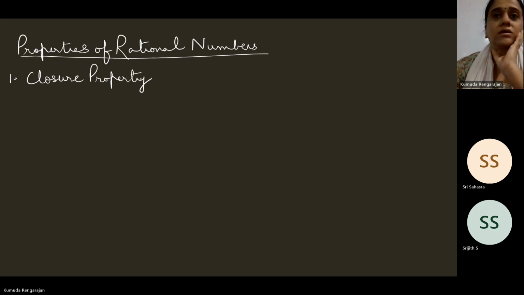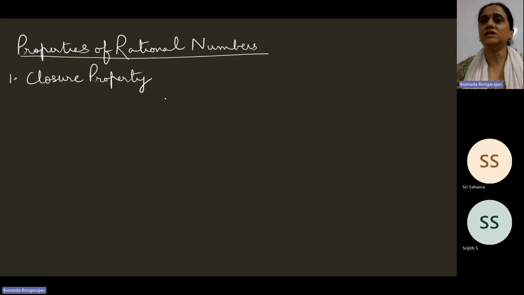Okay. So first we'll see the closure property. We'll see the closure property of addition of rational numbers, subtraction of rational numbers, multiplication of rational numbers, and division of rational numbers. That is, we'll understand if rational numbers are closed under addition, subtraction, multiplication, and division.